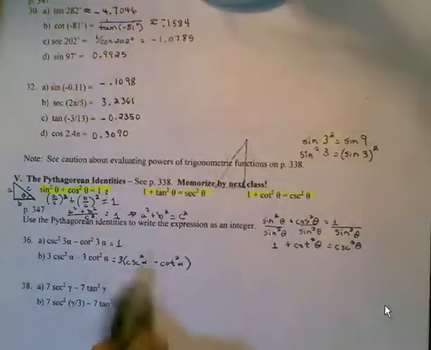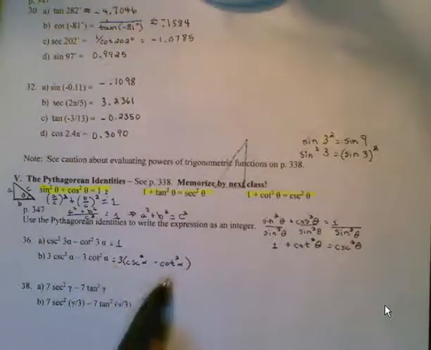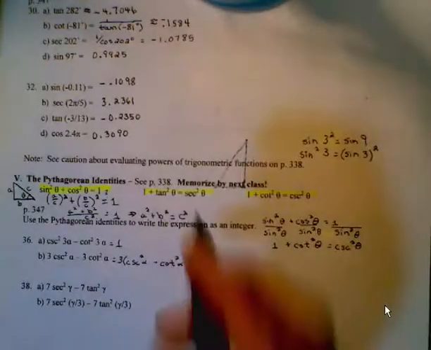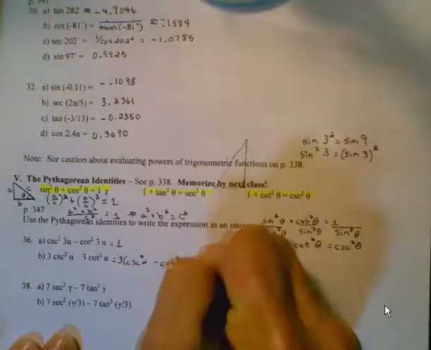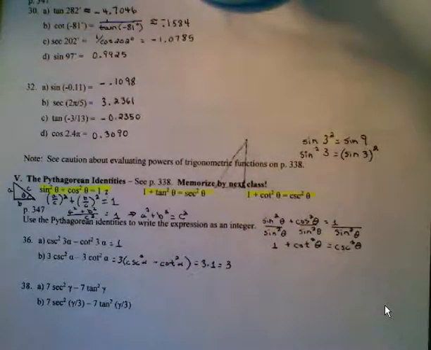By the way, that symbol is alpha. Now that I've factored a 3 out of both terms, I can say cosecant squared minus cotangent squared is 1. So that whole expression equals 3 times 1, or just 3.